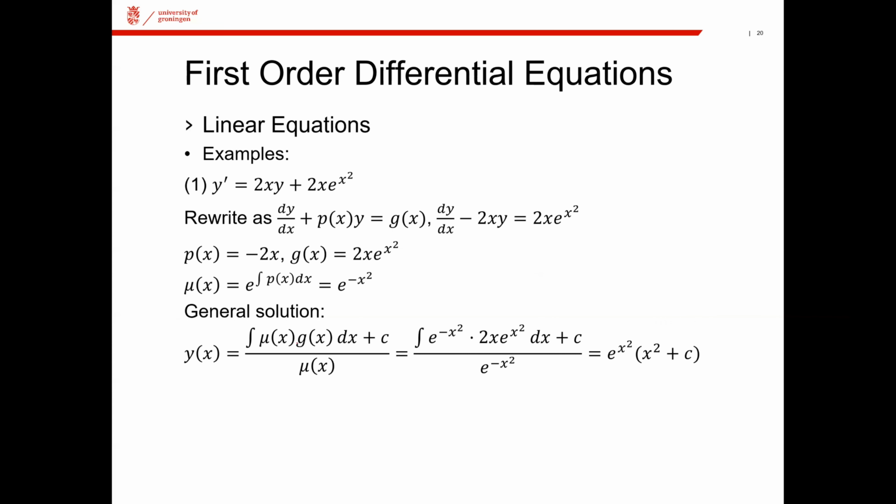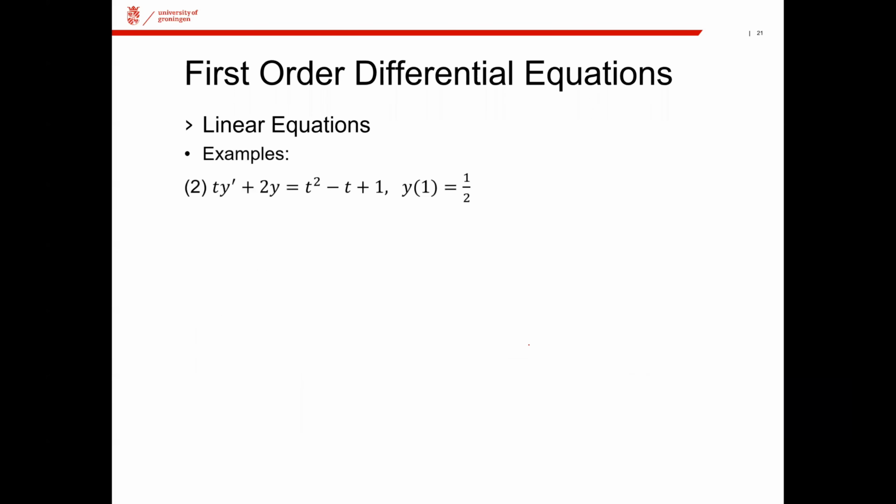And then for the general solution, we plug in the mu x and g x. After the calculation, we have the general solution that y equals e to the power of x squared times x squared plus c. C is still any number, it is a constant.